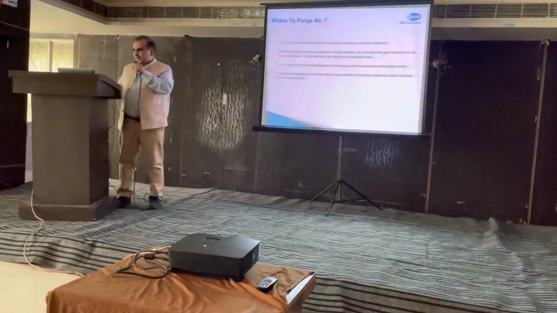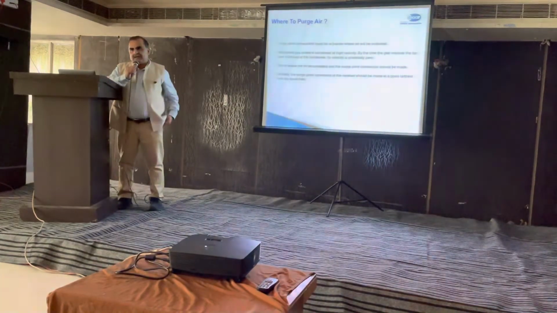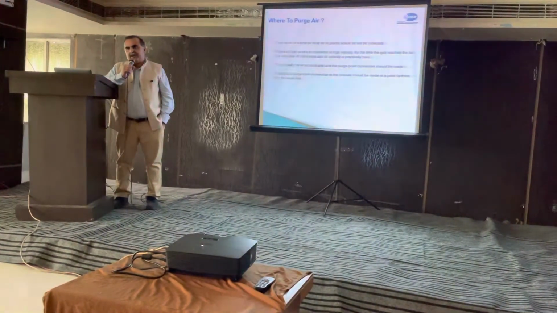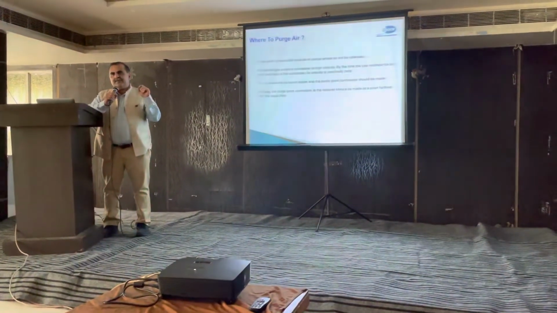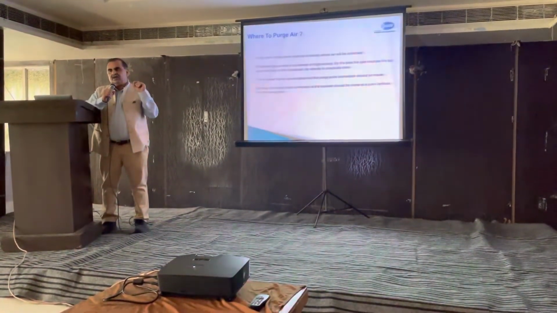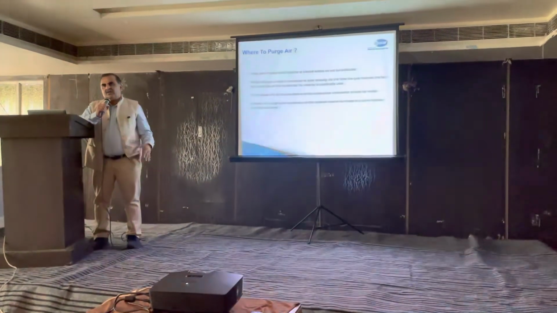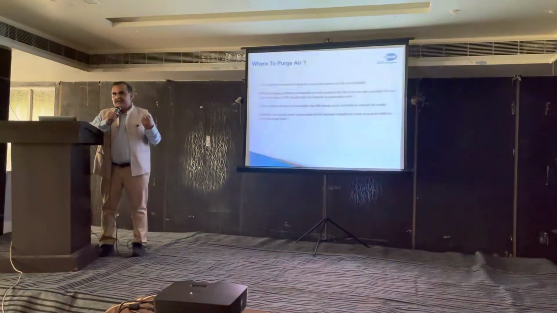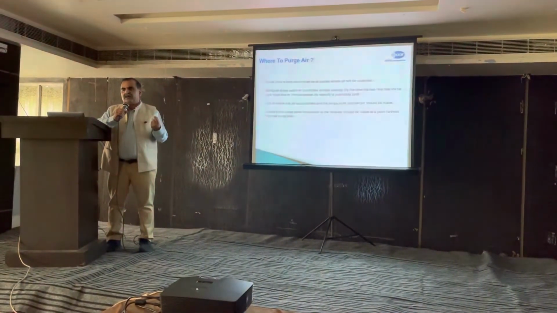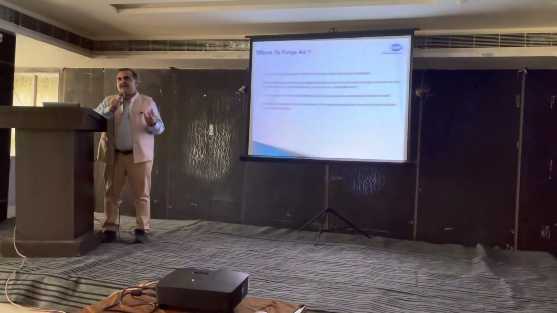Now, to make an automatic purger work successfully, the most important thing is the purge points, or the points from where I am taking my air or the foul gases to the purger. What the air purger normally does is take the foul gases inside. There is a cooling coil, or a cooler, which cools down those foul gases.